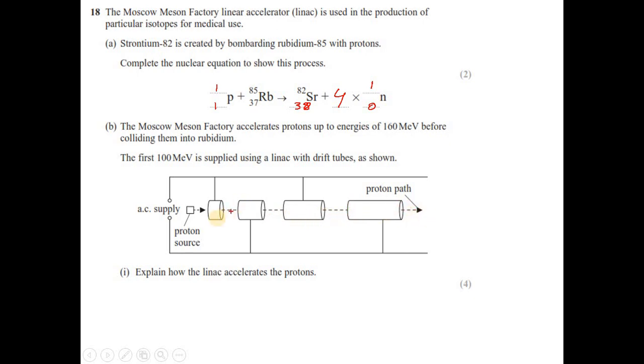So you can say that the drift tube in front of the source has opposite voltage, and due to the voltage we have an electric field in between the drift tubes, and this electric field can cause a force on the beam that accelerates the proton.